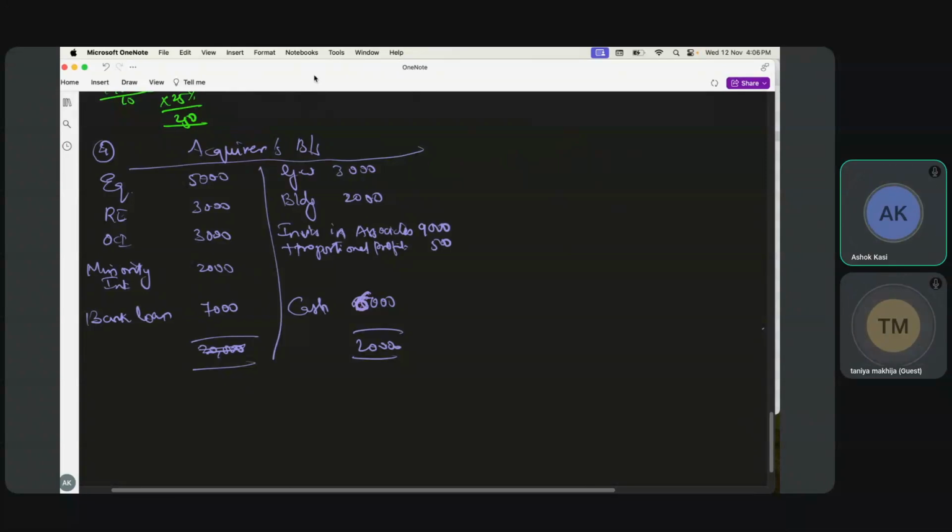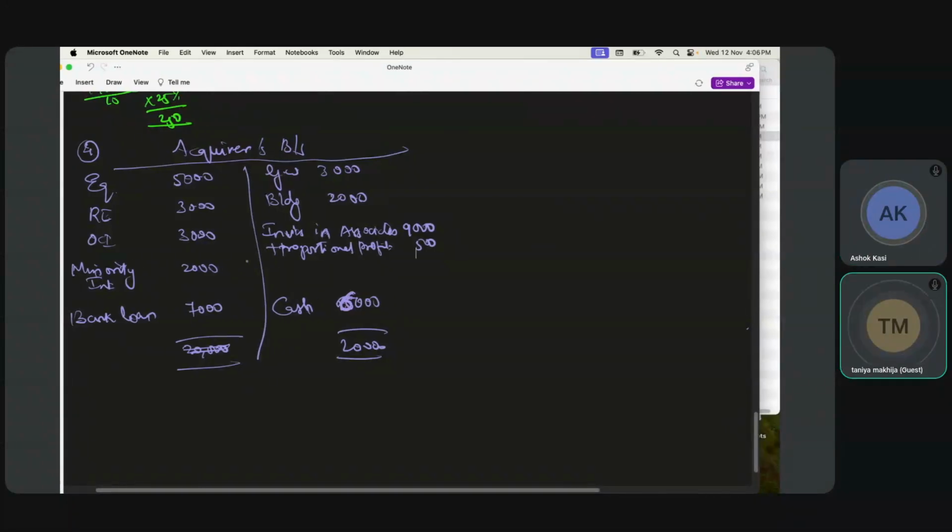No, not depreciation. One minute. Okay. So proportional profit minus depreciation, 250. Okay.